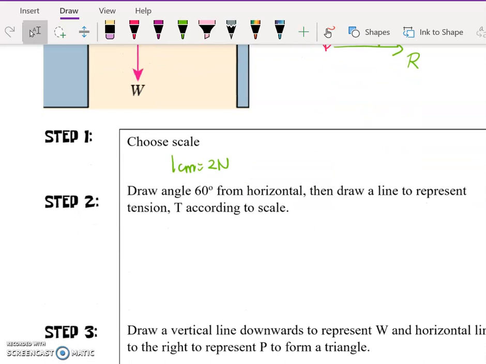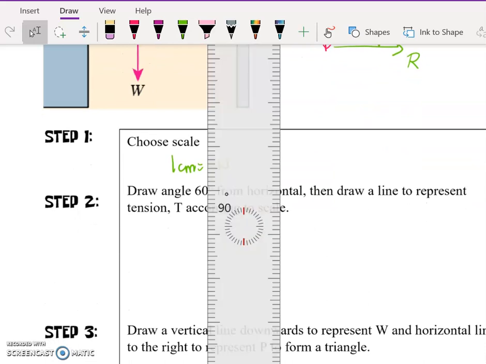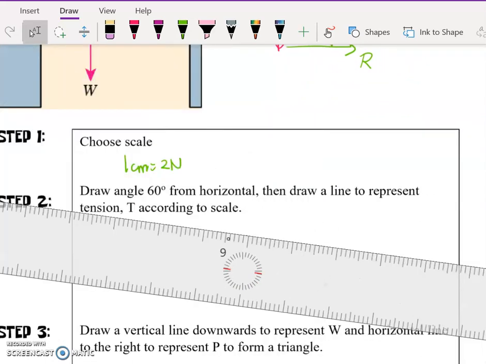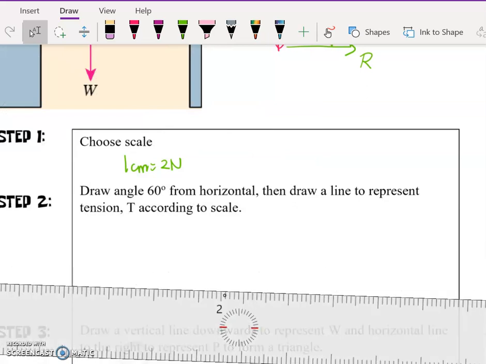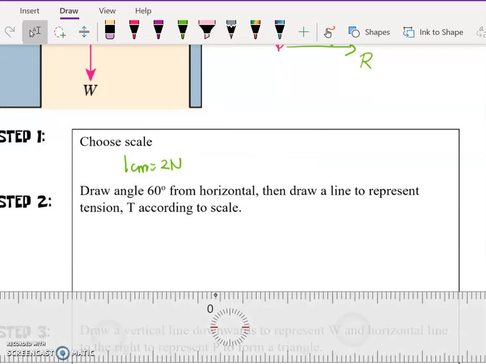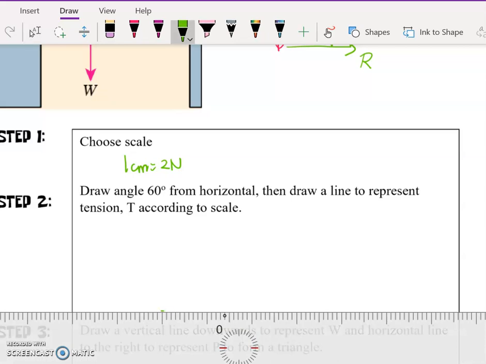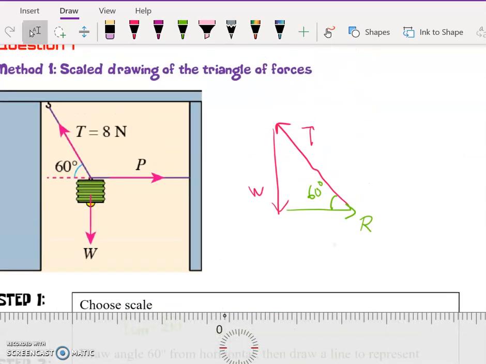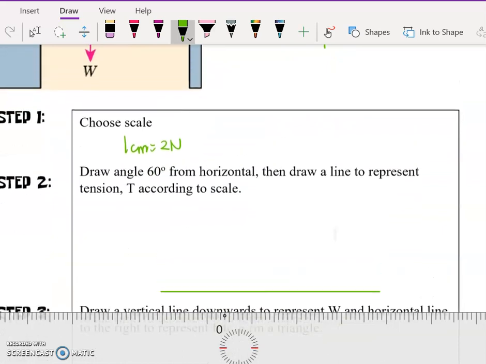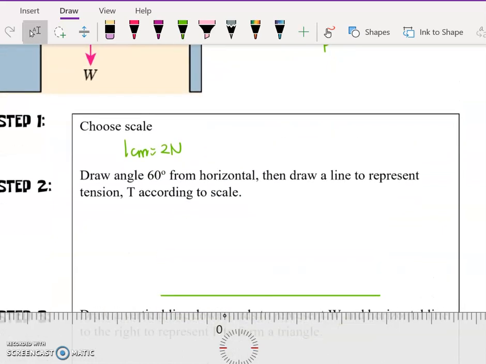Step number 2, take a ruler and draw a straight horizontal line. This will represent your P. We haven't measured, we don't know the measurement of P yet, so just draw a long line.